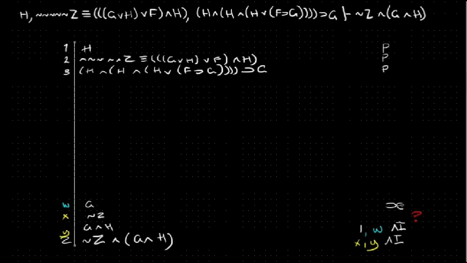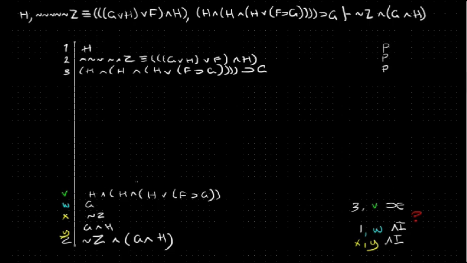So if we say it's a conditional elimination of line 3 and line V, then on line V all we need to get is H and H and H, or F then G.